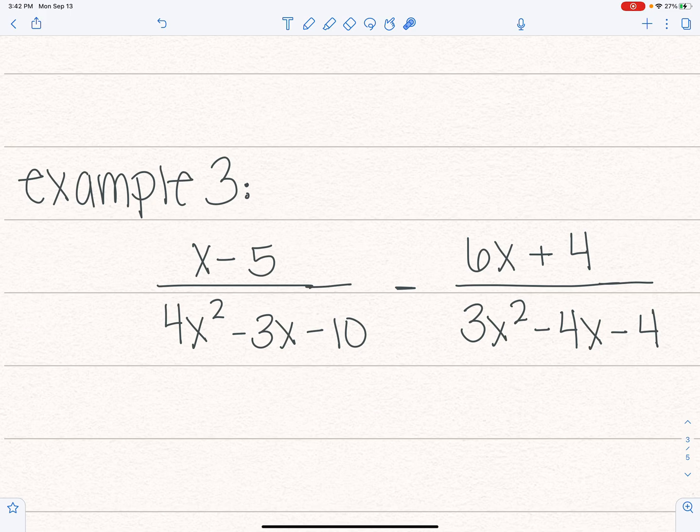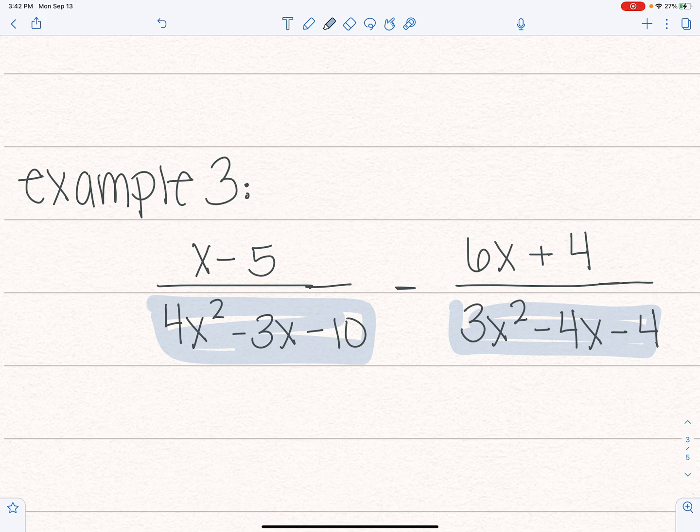I think I said that correctly. If not, there it is on the screen. First thing I notice, denominators are not the same. So because the denominators are not the same, I have to go through my LCD to find a common denominator. So I want you to pause the video, take a second, and factor both of those denominators.